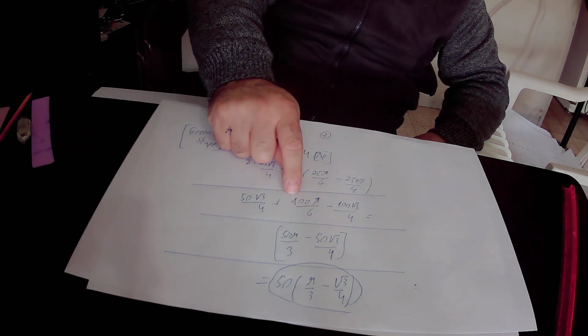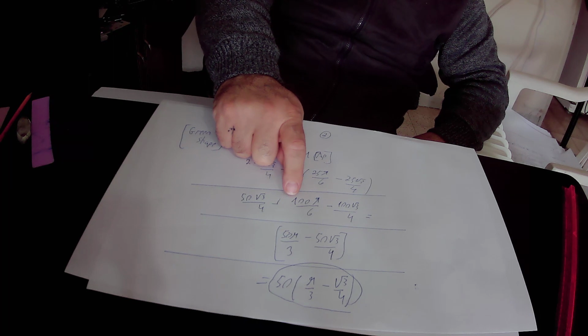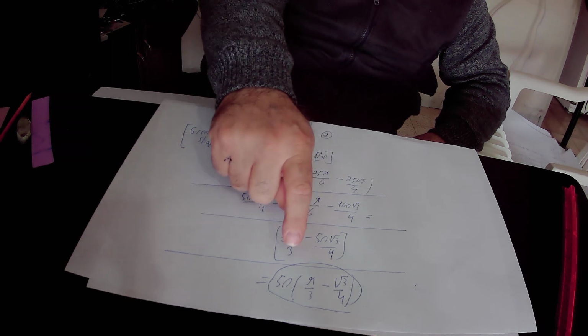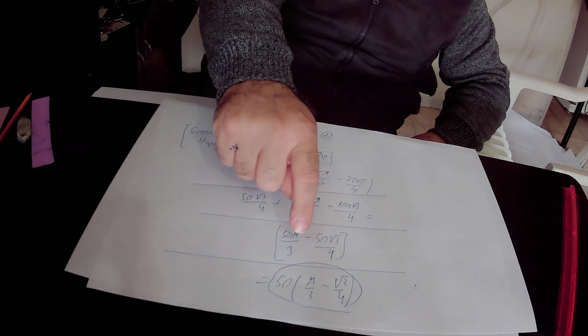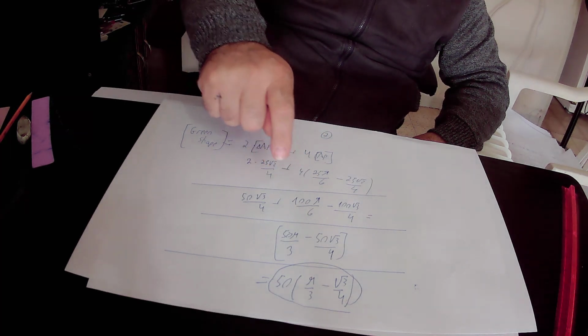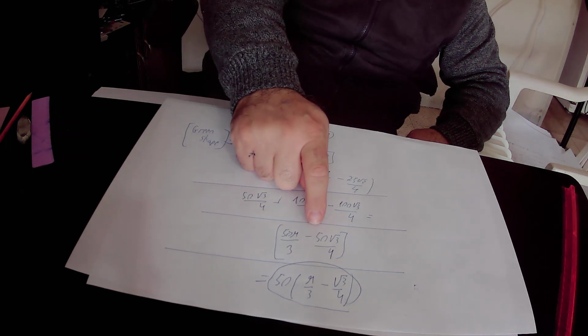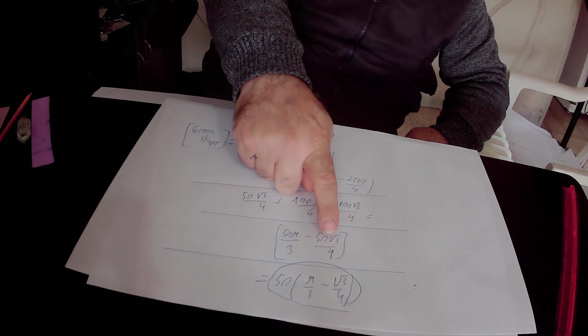And here 100 pi over 6, we divided both the numerator and the denominator by 2, and we got that 100 over 2 is 50, and 6 over 2 is 3. So in conclusion, the area of the green shape equals 50 pi over 3 minus 50 times square root of 3 over 4.